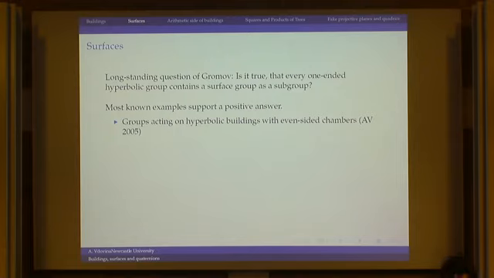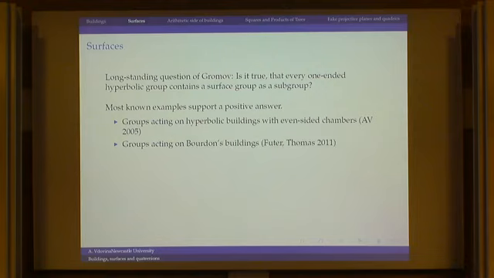Okay, now let's talk about the geometric side of buildings, and in this section we will talk about hyperbolic buildings. I think everybody knows this long-standing question of Gromov: is it true that every one-ended hyperbolic group contains a surface subgroup?